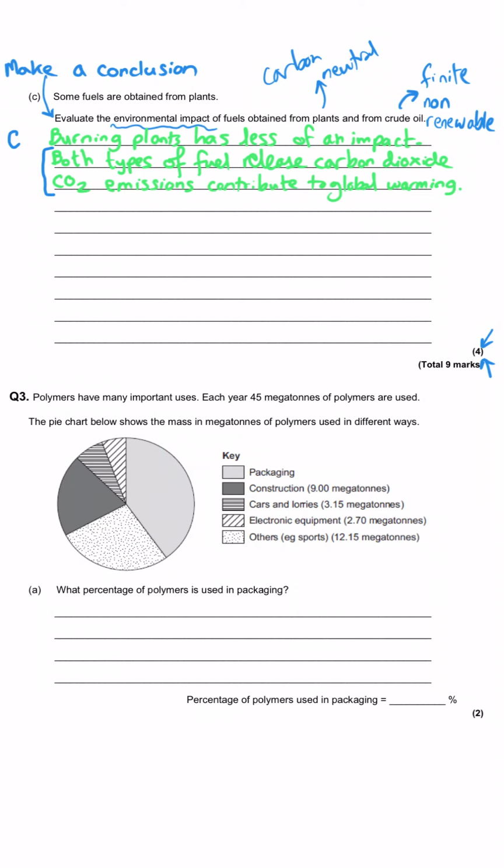So we can say that fuels from plants are carbon neutral, and what that means is they take in CO2 during photosynthesis as they grow, and they release the exact same amount when you burn them in combustion. Whereas burning fossil fuels cannot be counteracted because they take millions and millions of years to actually form.